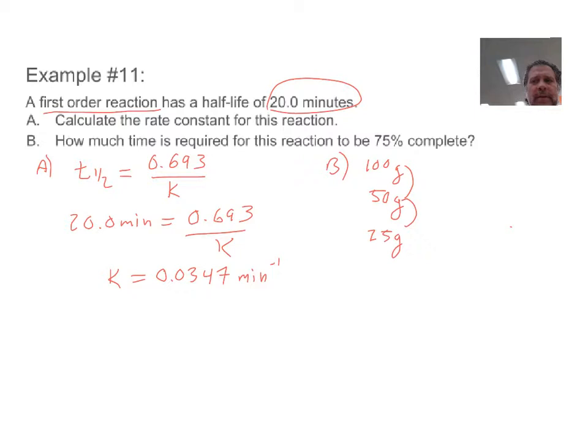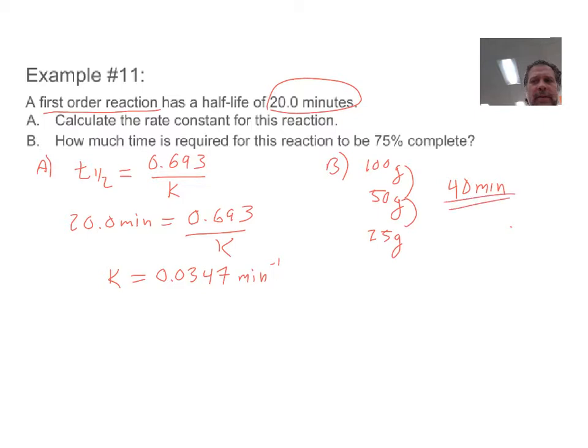This is really a logical thinking problem, in which case it's going to go from 100% to 50%, and from 50% to 25%. That means that we've used up 75% of the reactant, so that's going to take us 2 half-lives, so that will be 40 minutes. And I hope that makes some sense.